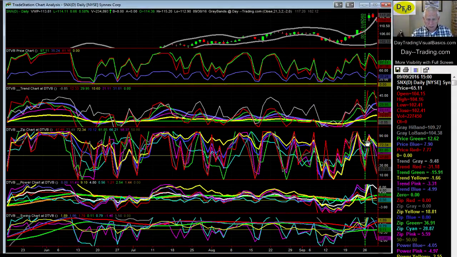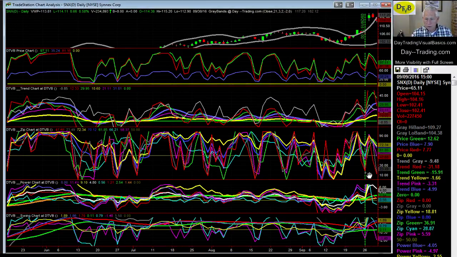Typically, or not typically, but you can have on the zip chart many indicators down low, like within a 25 count difference. We have a few down low, but they range from 48 down to 0.